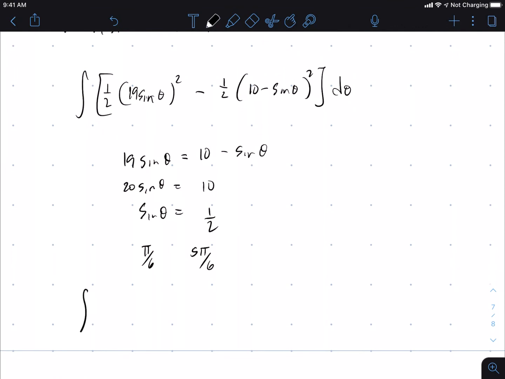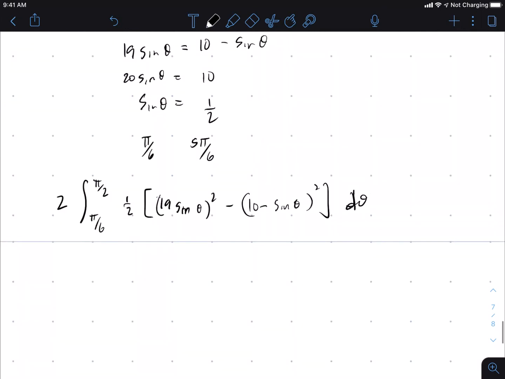I'm going to go from pi over 6 to pi over 2, but I'm going to double it because I'm using symmetry. So I'm going to get 1/2 of 19 sine theta squared minus 10 minus sine theta squared.